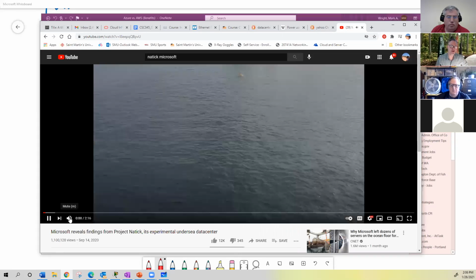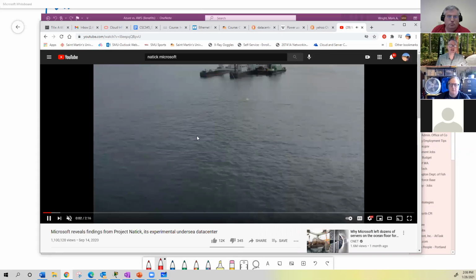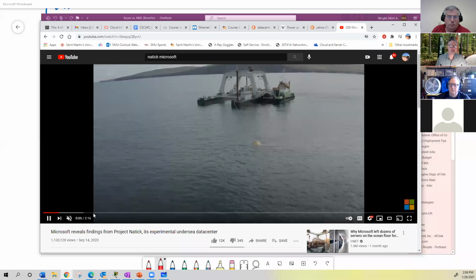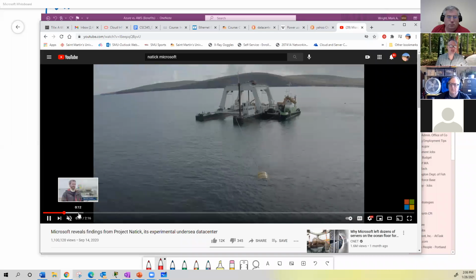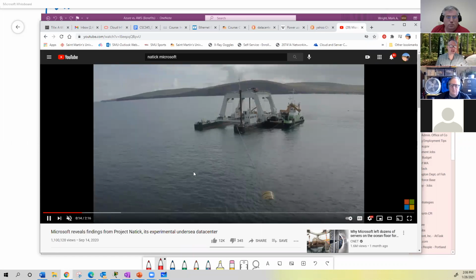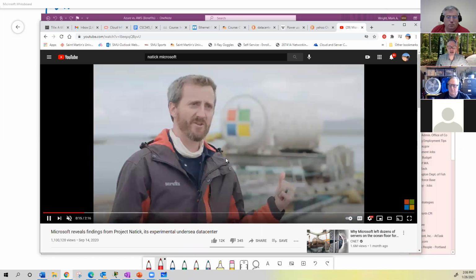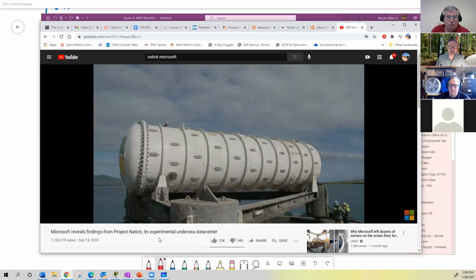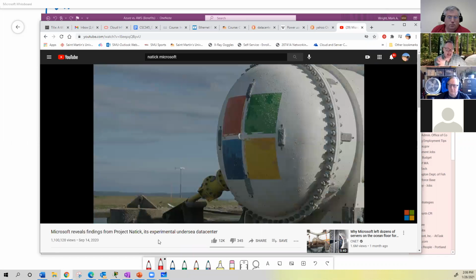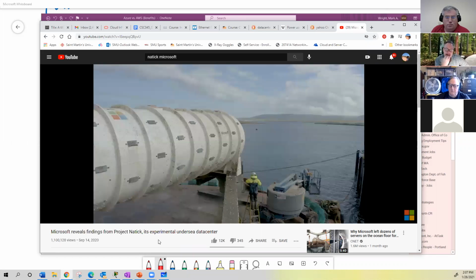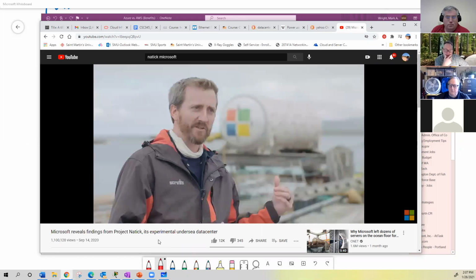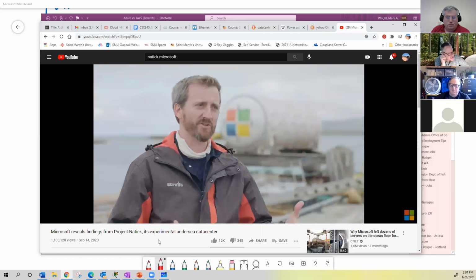The overarching goal. So basically, they put this thing out to sea, and you can watch this if you want. But basically, that's the data center right there. They mounted it to the base. They put a bunch of servers in racks in the thing. They submerged it in the ocean.